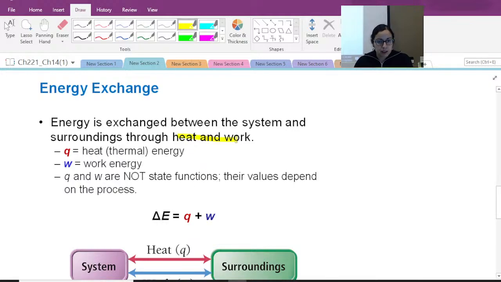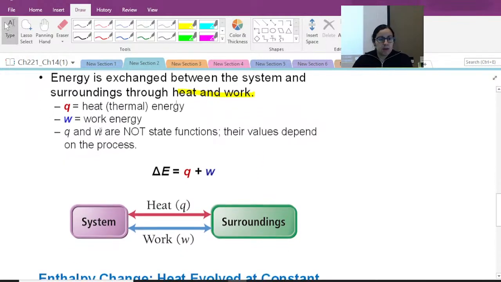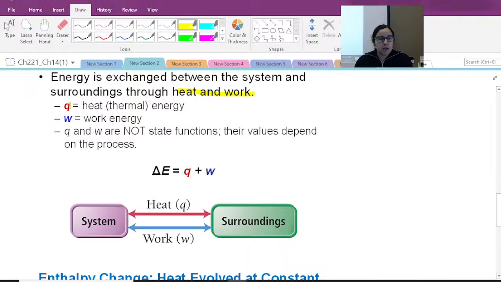So we're kind of, again, seeing that. And like we said, Q is just heat, so endothermic or exothermic, and then W is the work-related energy. Again, usually with our gas expansions or contractions is how we'll look at those.